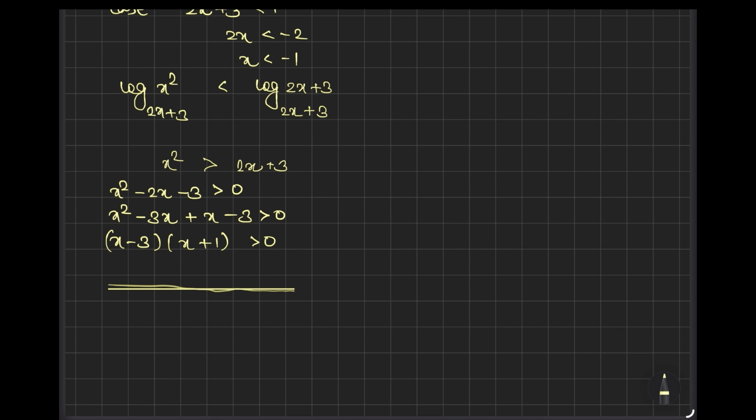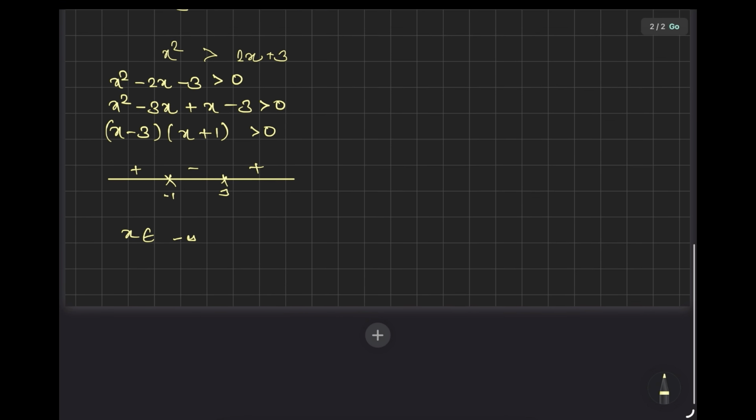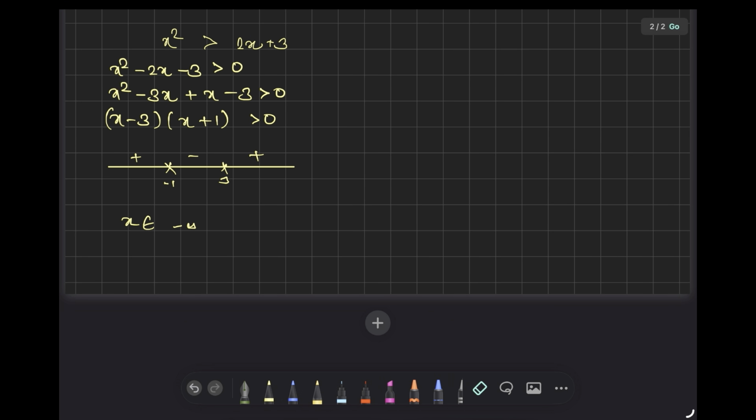So look at the zeros. It is minus 1, it is 3, with signs plus, minus, plus. We have to consider only the positive regions. So x belongs to what? Minus infinity to minus 1 union 3 to infinity.